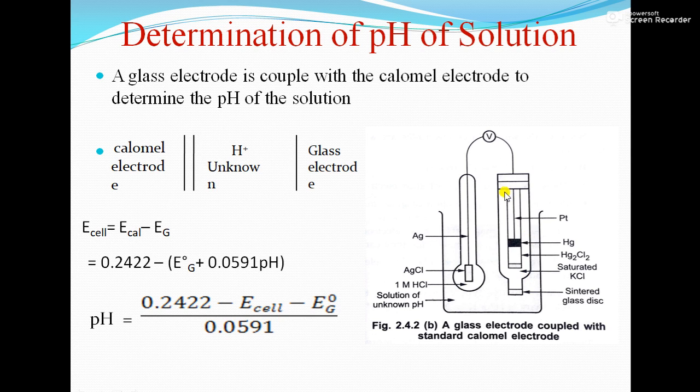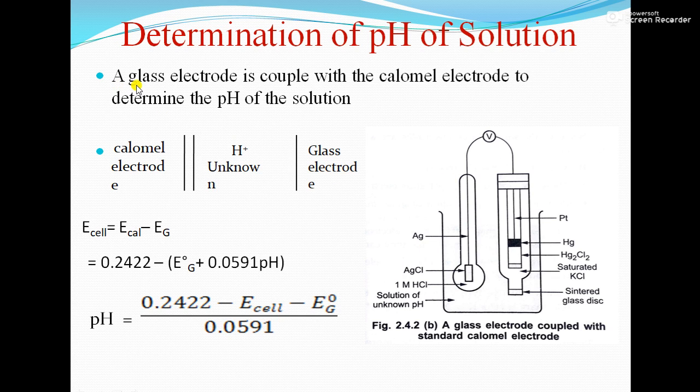We know the standard electrode potential of this calomel electrode. If we are using saturated calomel electrode, with saturated KCl solution, then that value is 0.2422.